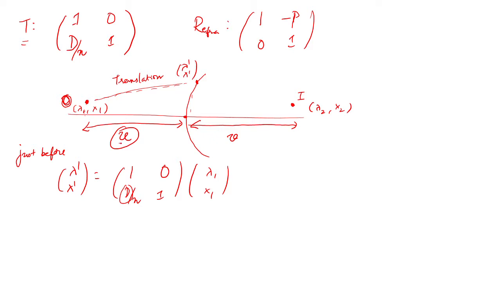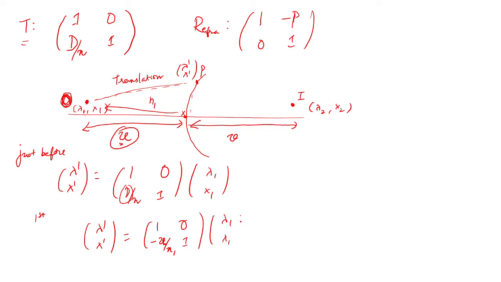So this distance u is measured from this point towards the left, so we make it negative. The first translation, going from O to point P here, gives lambda prime x prime equal to 1 0 minus u by n1, where n1 is the refractive index of the system here, times lambda 1 x1.